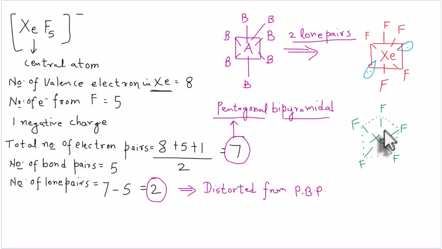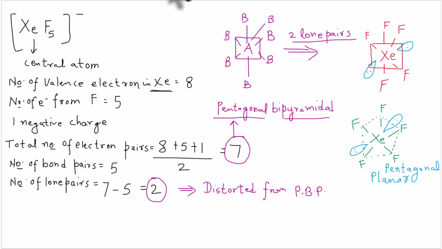So it becomes some pentagonal kind of structure, and the lone pairs are somewhere in between, and actually the structure becomes like a pentagonal flat, and you can say that this structure is a planar structure. So actually the structure is pentagonal planar.